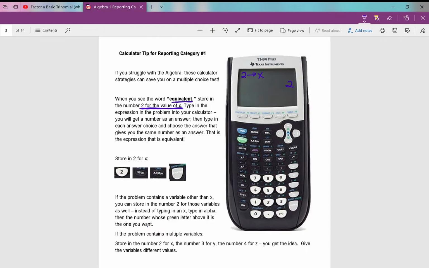I'm going to go through all the questions from the 2018 version of the Algebra 1 EOC that pertain to reporting category number 1, and I'm going to go fairly quickly through the 2018 version. Refer to that previous video for my little calculator tricks. I explained that at the beginning of the video.